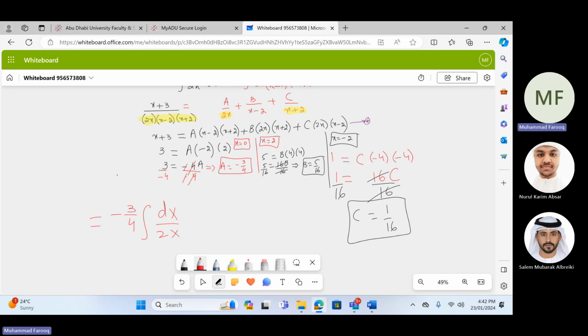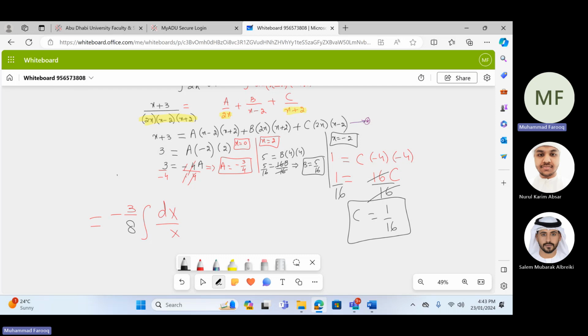Minus 3 is constant, I take it outside. 2 is also constant. So 2 times 4, 8. So no need to write 2 here, make it 8. Because this is constant, take outside. I already have a value minus 3 by 4 constant. The 4 times 2, 8.